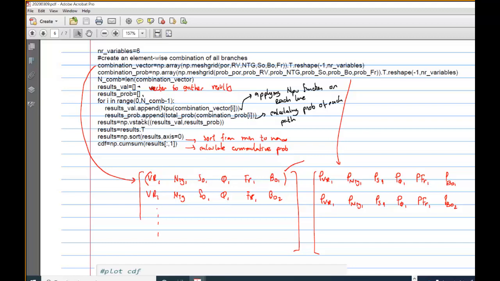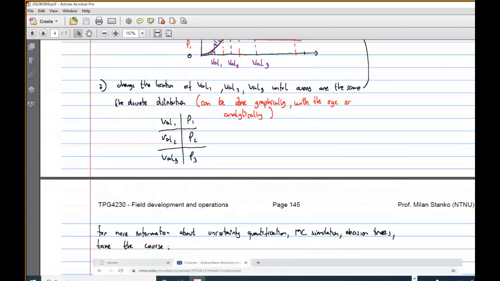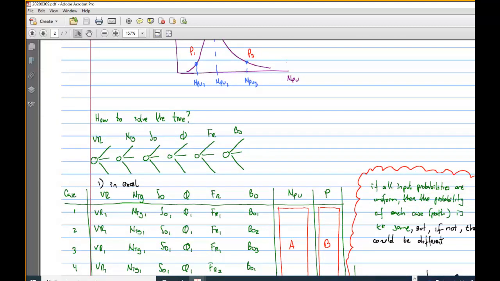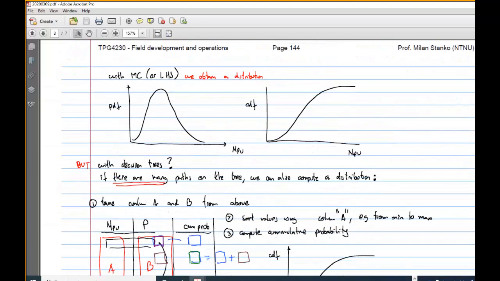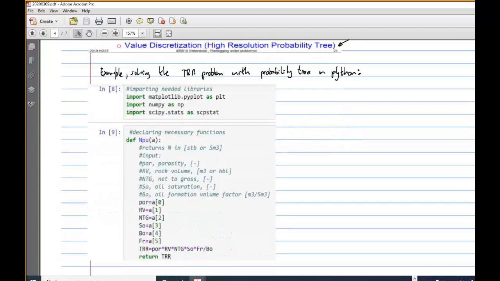The recovery factor is triangularly distributed, and we looked at how to solve it using a decision tree, a probability tree. I told you the compact notation is something like this. You have the different layers, you decide how many branches you want to use for each layer, for each variable, and then you simply have to make the element-wise combination of all of them. You can do it in Excel. I told you we can do it in Python, and that's how I solved it for you in class.